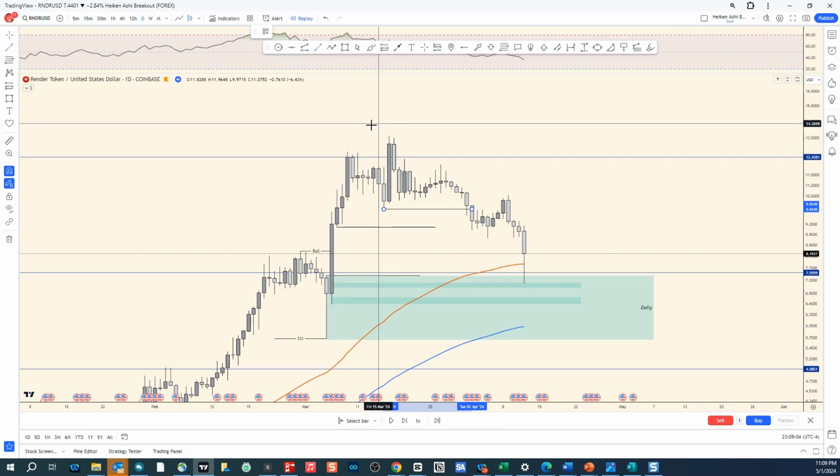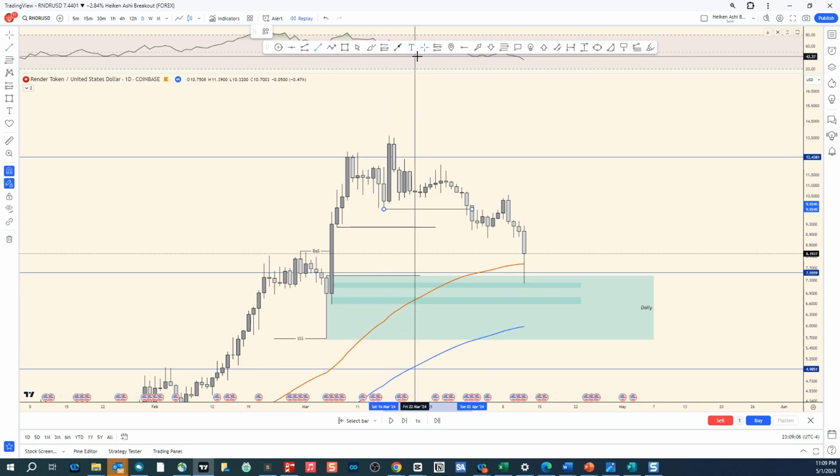So it's not a break of structure, it's a change of character. The difference is with a change of character, the current trend may change, hence the name. The break of structure is the trend continuing in that direction, just breaking the most recent high.